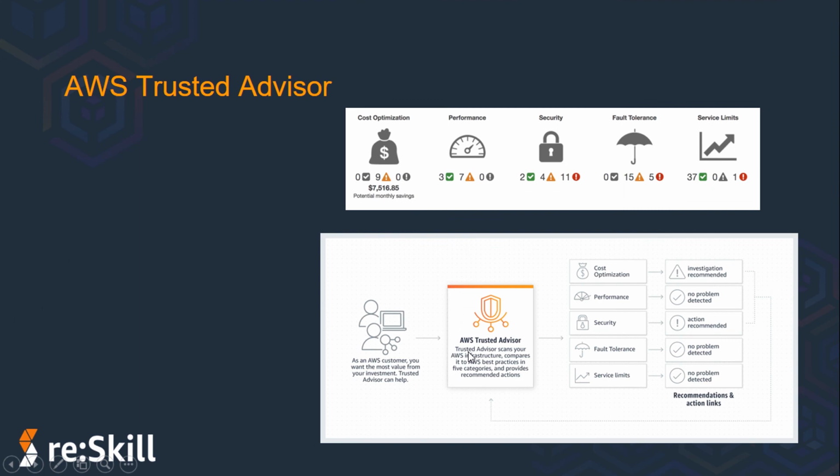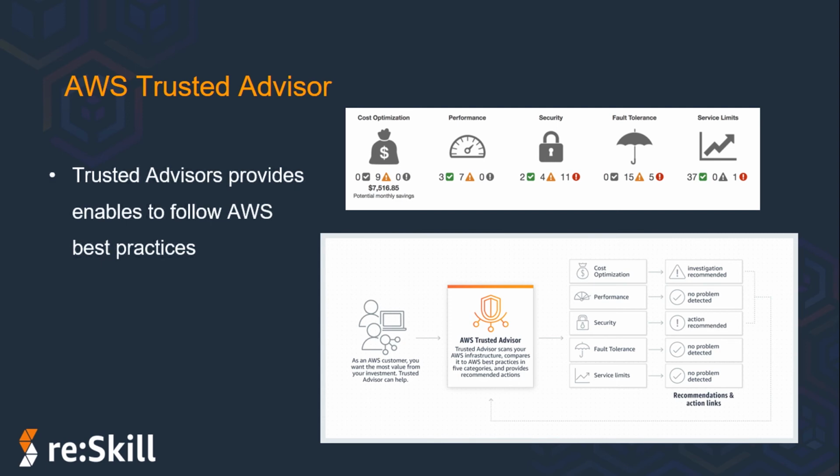So next we have got the AWS Trusted Advisor, which is an online tool that provides recommendations that help you follow AWS best practices. So it will analyze your entire environment, and then it will provide you the advice and the recommendations that this is where you can improve, this is all okay, and this requires your immediate attention.